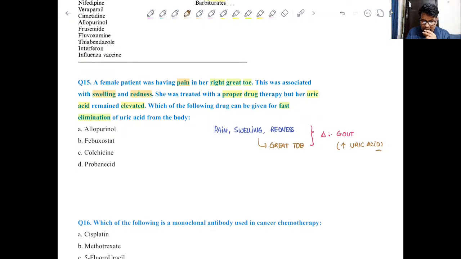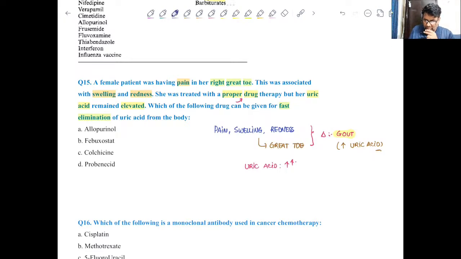Now she is already treated with some proper drug therapy, but uric acid is still elevated. Now, yes, Siva, absolutely right. The diagnosis is gout. Now, what actually we want to do?